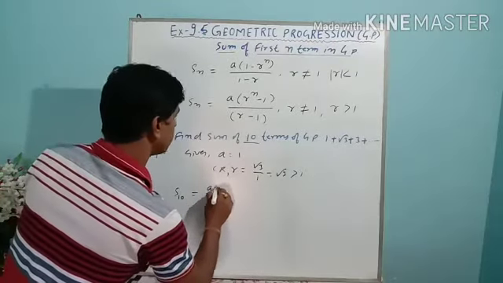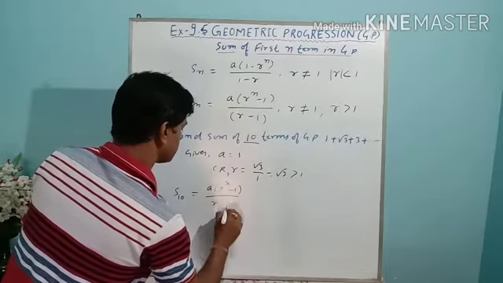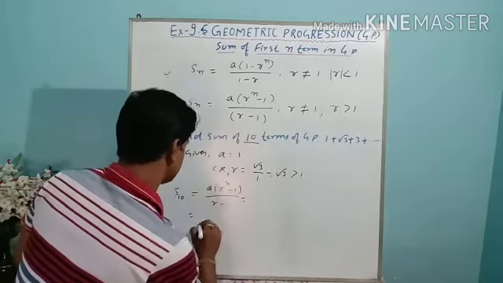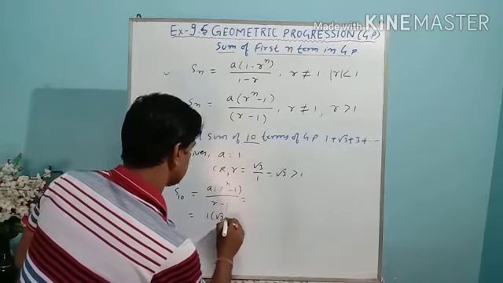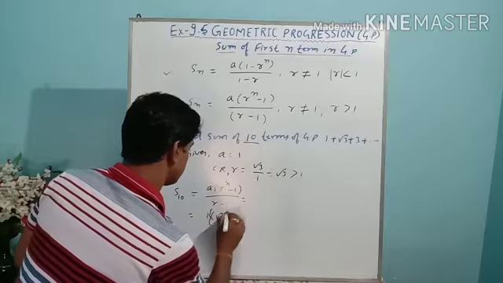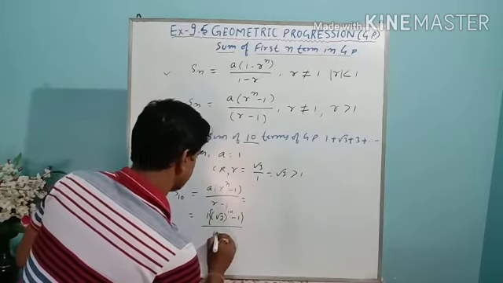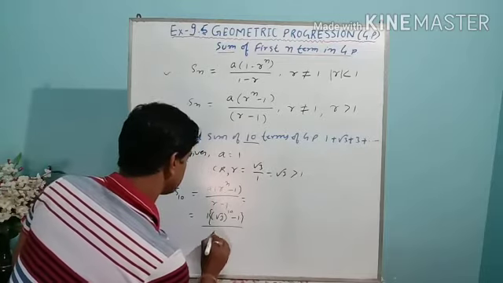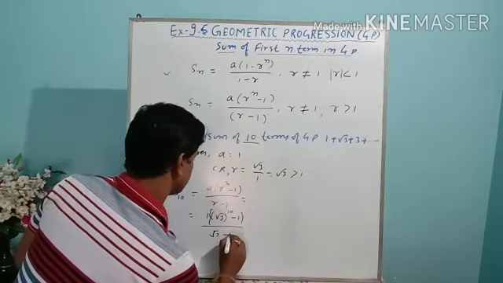The formula is A into R to the power n minus 1 by R minus 1. Put the values. First term is 1 into R is root 3 to the power 10 minus 1 by R, which is again root 3, minus 1.